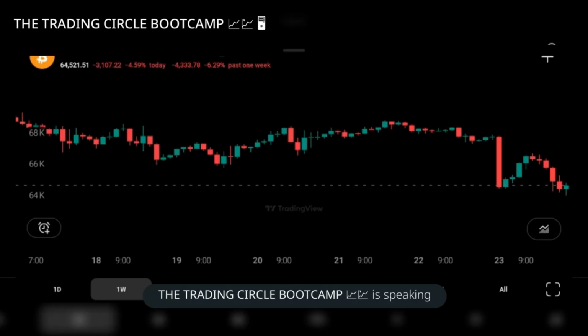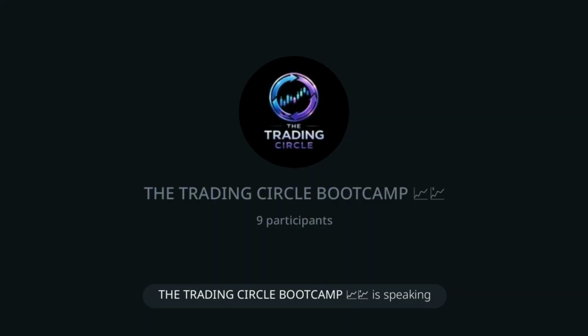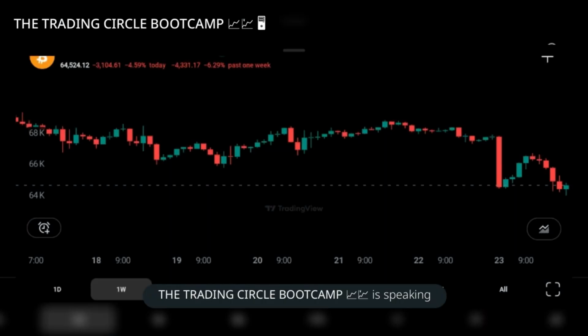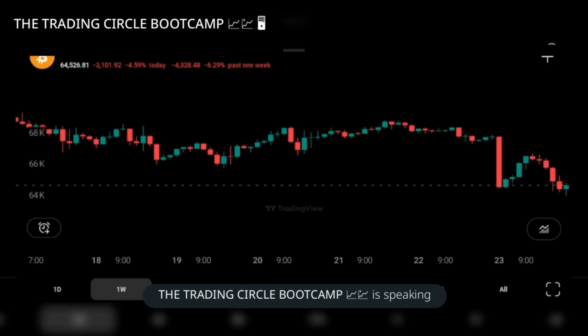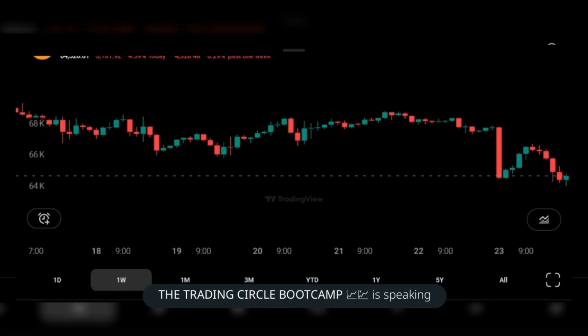Now, we use candlesticks to analyze charts because candlesticks give us information on how the market is going. For every candle, you can see multiple candles here. When we scroll, you see there are thousands of candles.